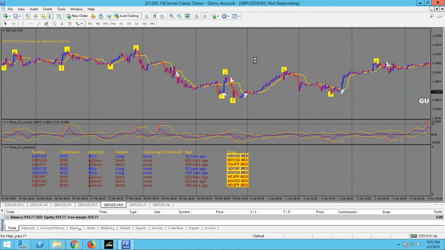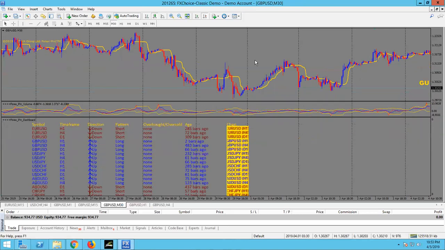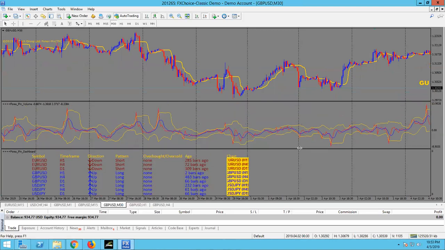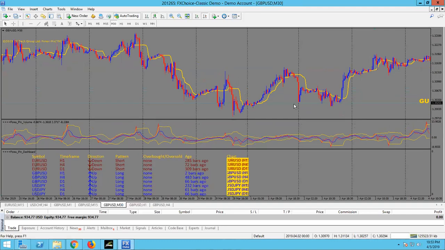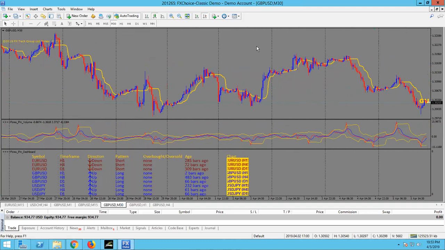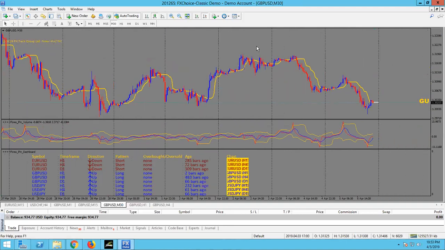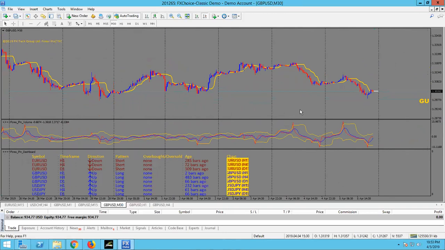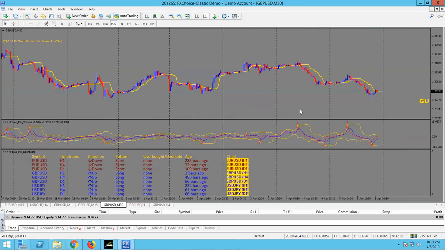I also separated the time frames, and I have 7 pair that I look at, and I put them each in their own chart on the separate time frames. This is the standard one that has everything on it. And for the scanner to search all of those pairs takes a lot longer and takes memory, so that's why I break them apart. I don't see any new arrows here.